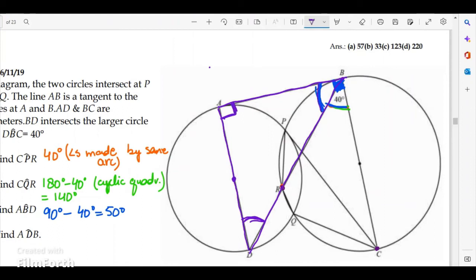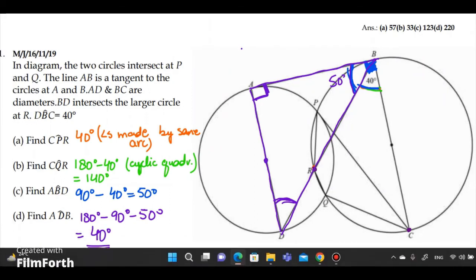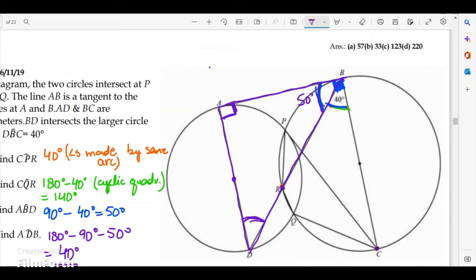This you already figured out is 50 degrees. So you can apply angle sum of triangle: 180 degrees minus 90 degrees minus 50 degrees. We are looking at triangle ABD, and hence the final answer we are getting is 40 degrees. That's it. So you see, it looked pretty complicated from the shape, but it wasn't really that hard.